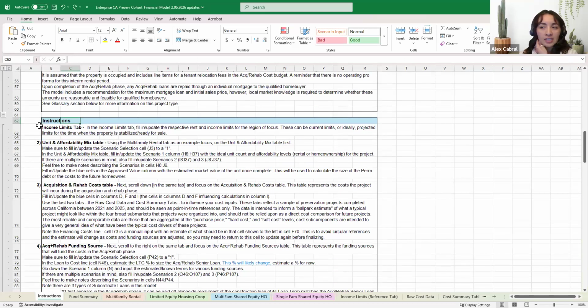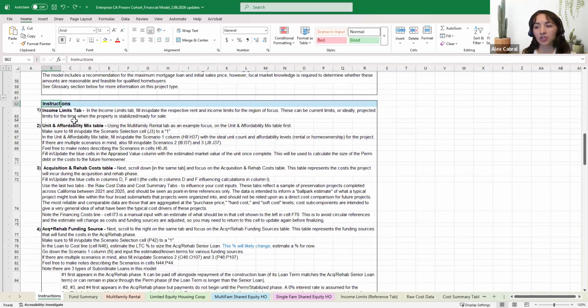This section is the instructions on how to use the model. So this is what we're going to walk through together, where we're going to spend most of our time. In case you forget or need a refresh or would like to read it rather than visually watch it, you can come back here. The instructions are based on the multifamily rental tab.